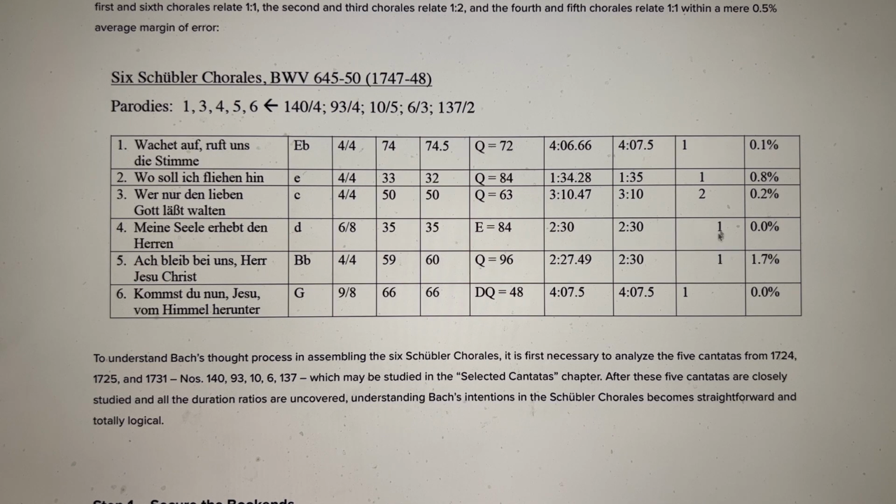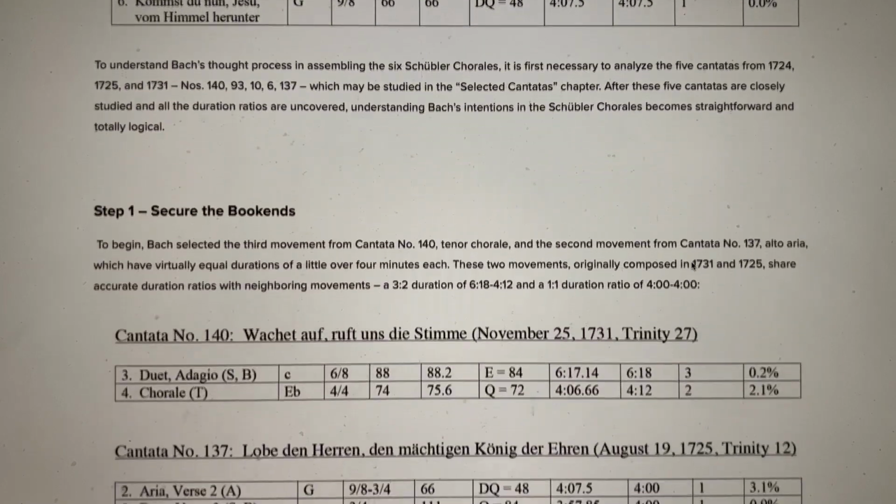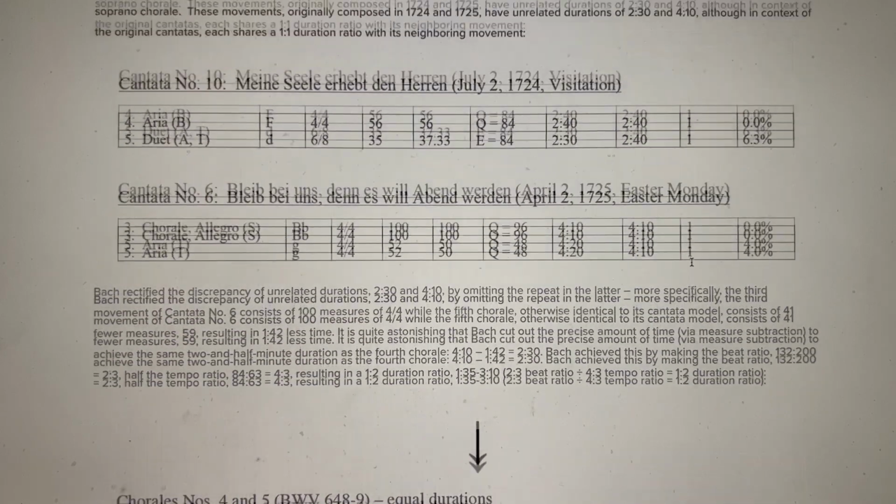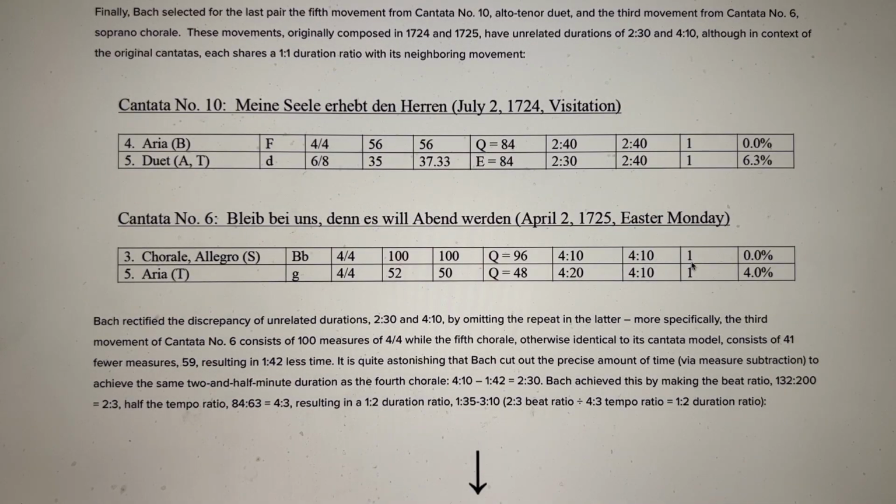So they have a 1-to-1 duration ratio here. And it is astonishing that Bach was able to remember after all this time what the durations were. And if he didn't know that, he could easily calculate the durations.